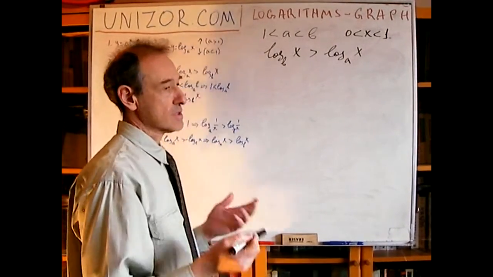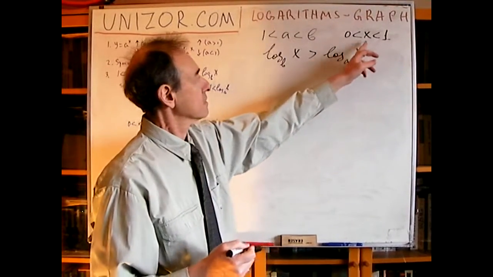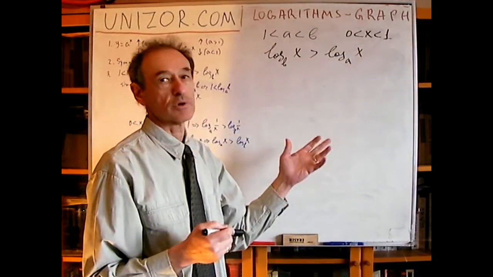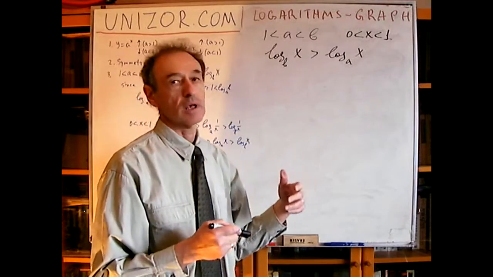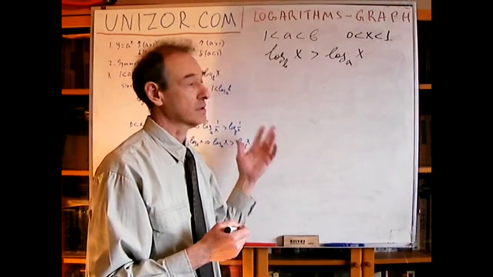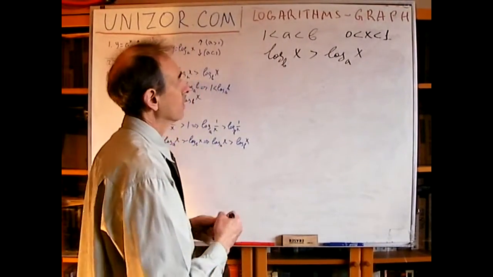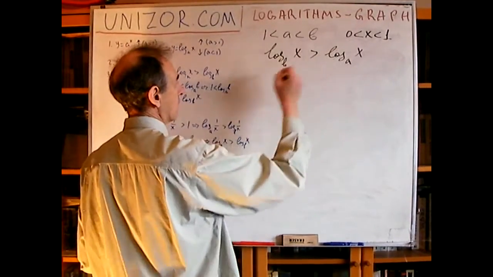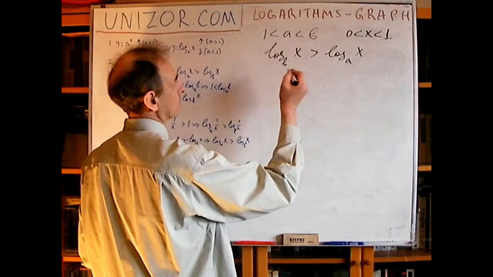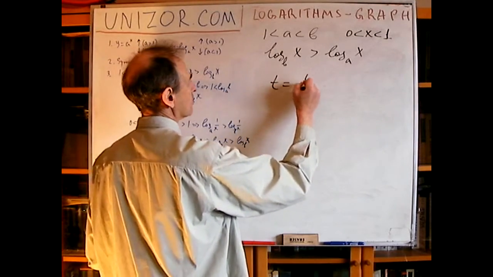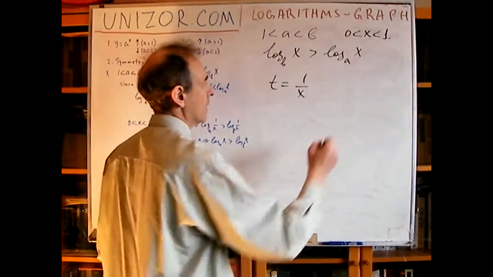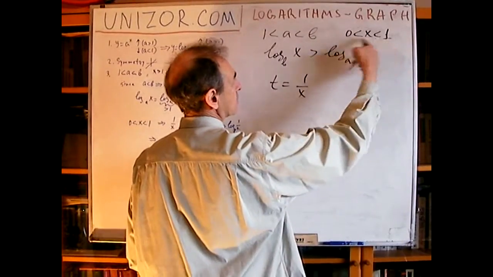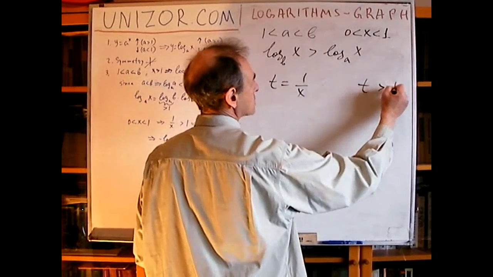Well, very simply. Don't forget that x is less than 1, and if you remember, logarithms of any number which is less than 1 are negative, right? So instead of doing that, I will use another variable, let's say t, which is equal to 1 over x. Now, if x is in this particular interval, then t is obviously greater than 1, right?